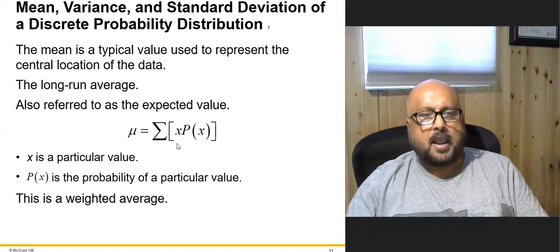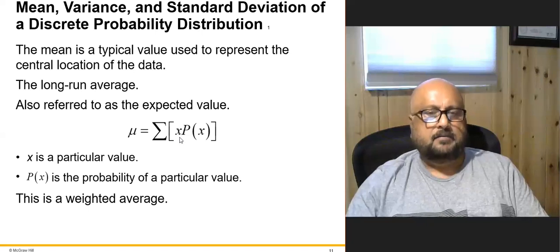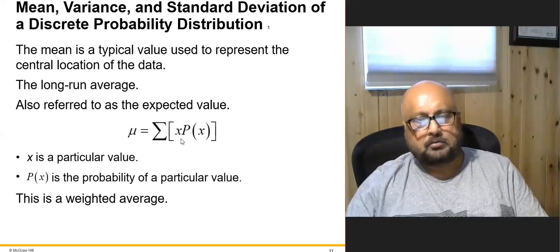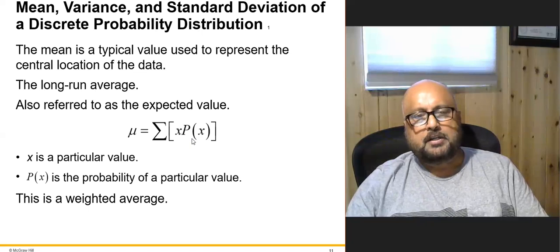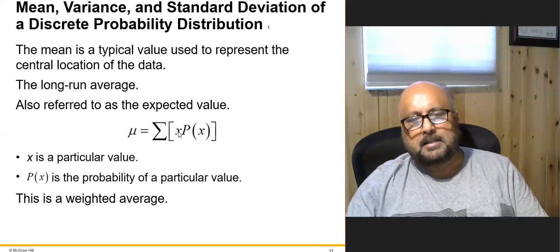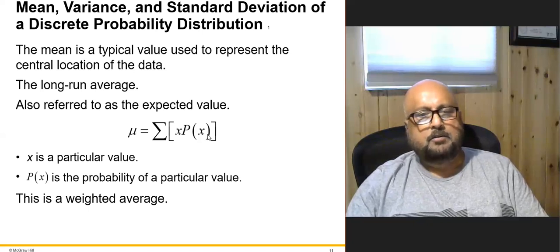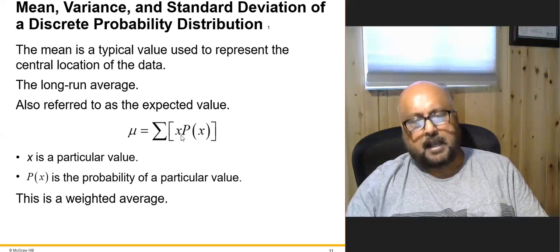x is any variable value, and p(x) is the probability of this x variable. So what you're doing is multiplying each variable with its probability. Let's say you have five of these x's, five numbers.